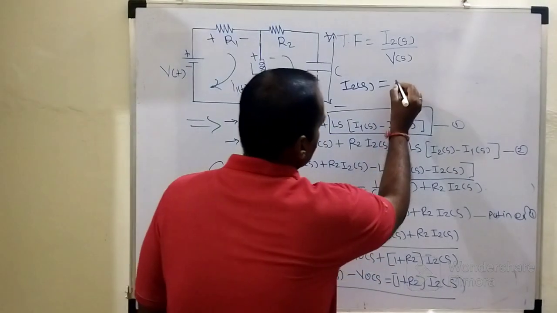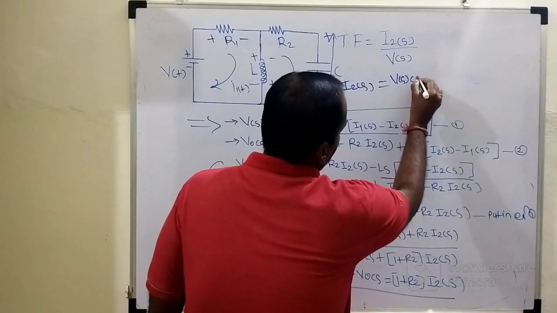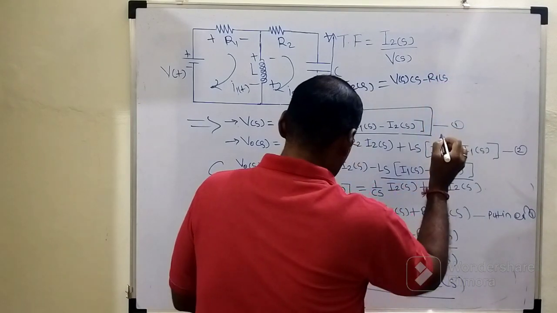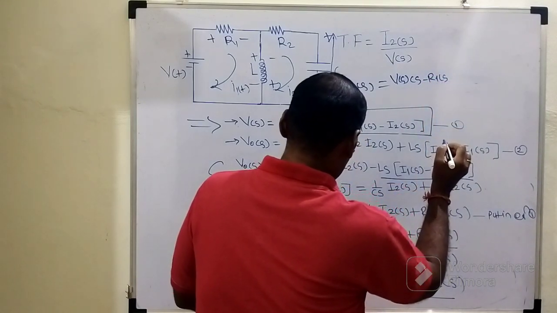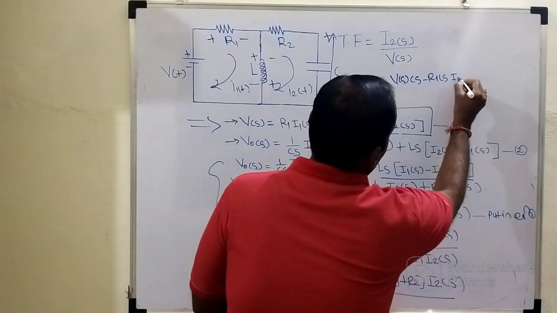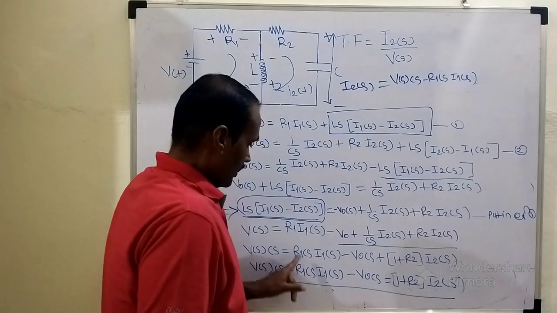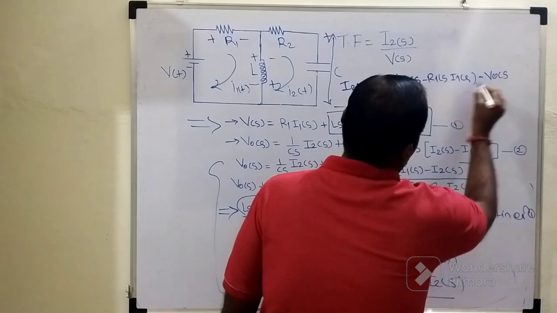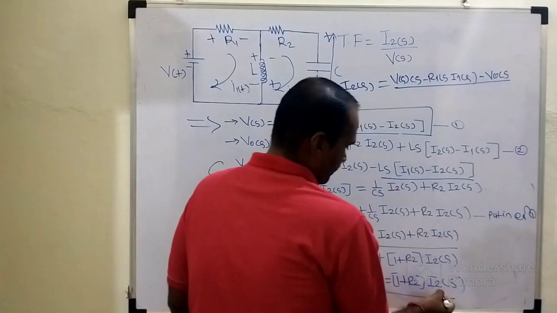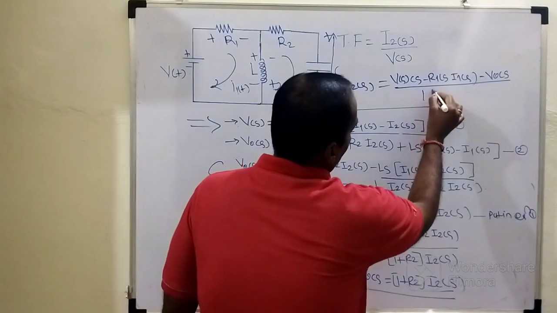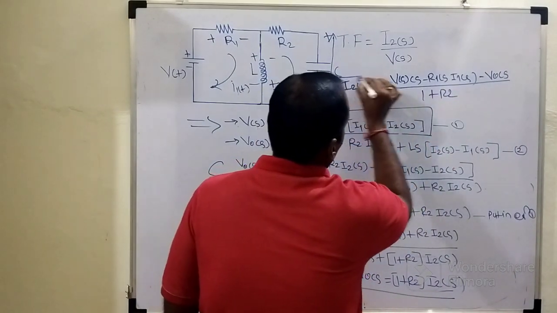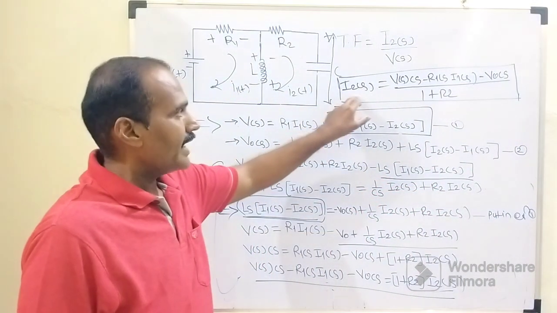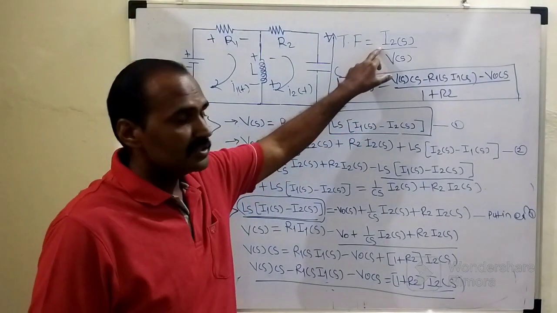So it will become V of S into Cs minus R1 Cs into I1 of S minus V0 times Cs. This whole term is divided by the coefficient of I2, that is nothing but 1 plus R2. So this is the desired term of I2 of S, which is indicated in the numerator position.